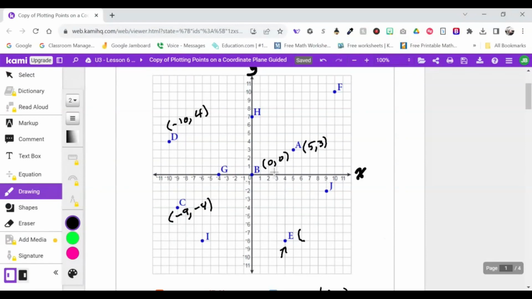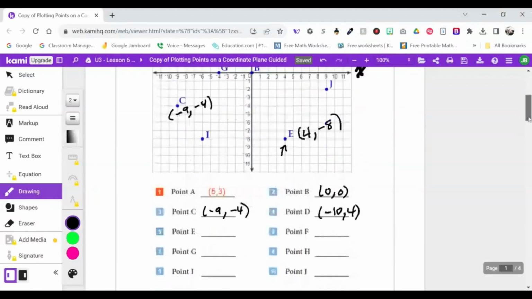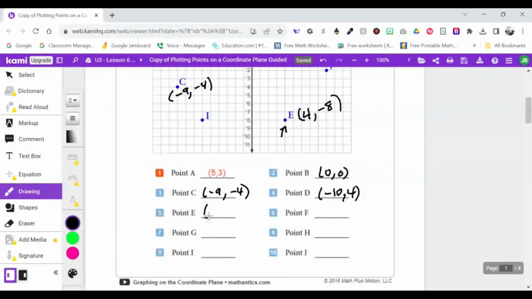So to get to this point, we would go 4 in the x direction, and then we would go -8 in the y direction. So the coordinates of E are (4, -8). They have to be in parentheses.